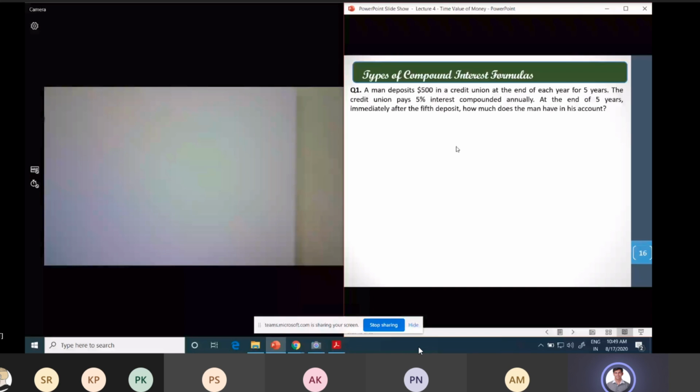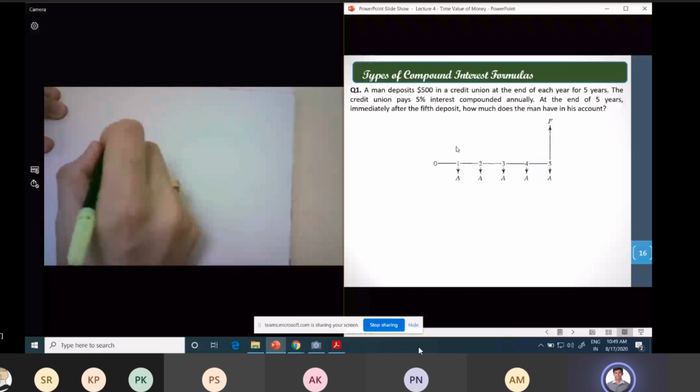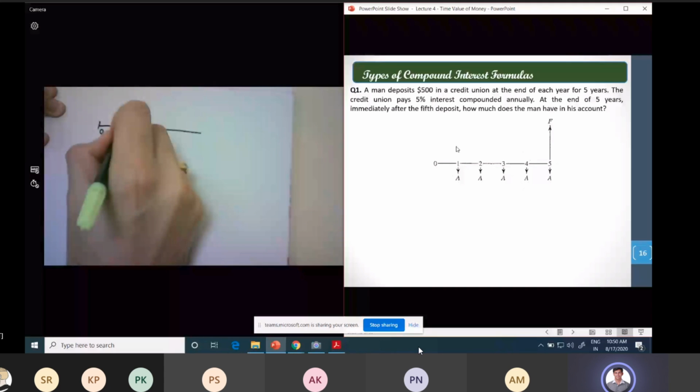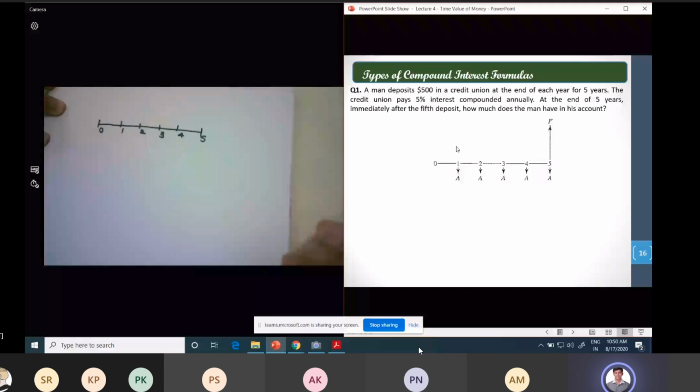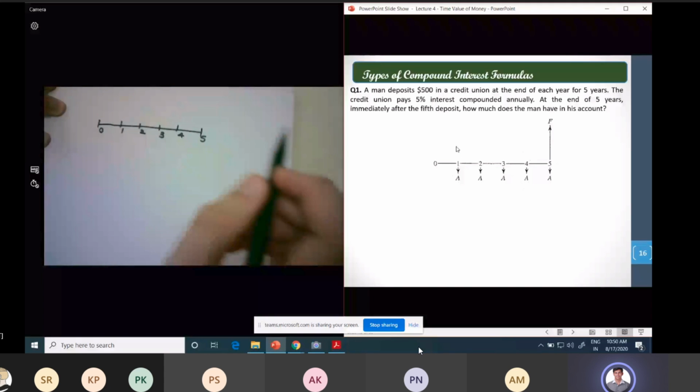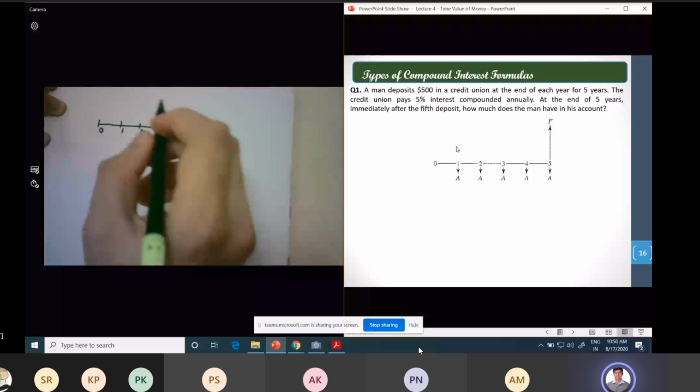Okay, so this will be a cash flow diagram again. I will draw it here. What is the time frame? 5 years, so 0, 1, 2, 3, 4 and 5. So 5 years is my time frame, and a person is depositing some $500.